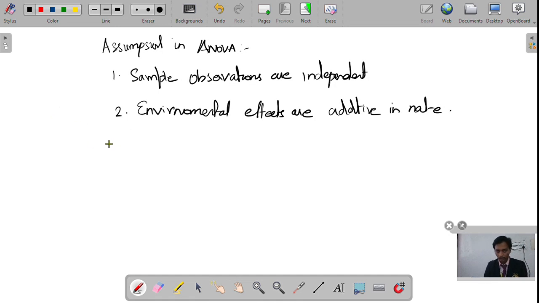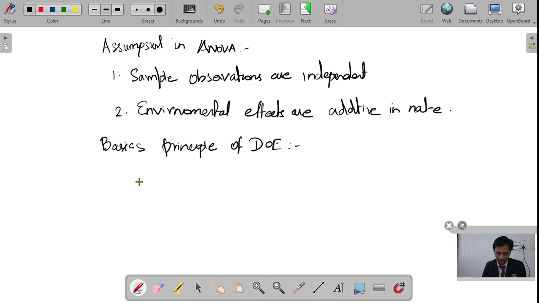One of the important things to understand is the basic principles of design of experiments.